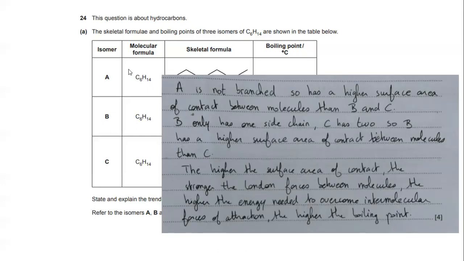So A is not branched at all, so I have a high surface area of contact between molecules, and it's higher surface area than B and C. B only has one chain, C has two, so B has a higher surface area of contact between molecules than C. The higher the surface area of contact, the stronger the London forces between molecules. Therefore, the higher the energy needed to overcome intermolecular forces of attraction, the higher the boiling point. And this is what you had to write to get the 4 marks.